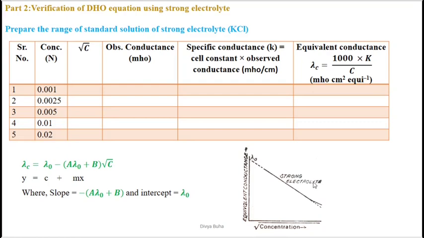Now the Debye-Huckel-Onsager equation gives the variation of equivalent conductance with concentration in dilute solutions up to 0.001 normal only.